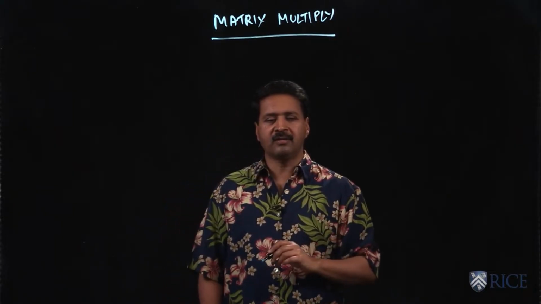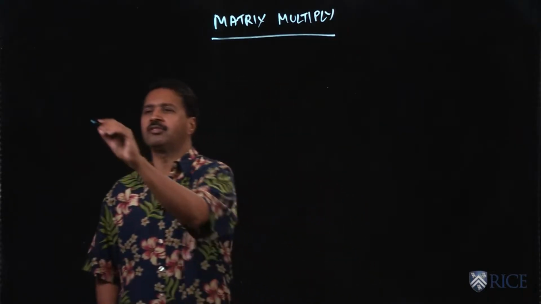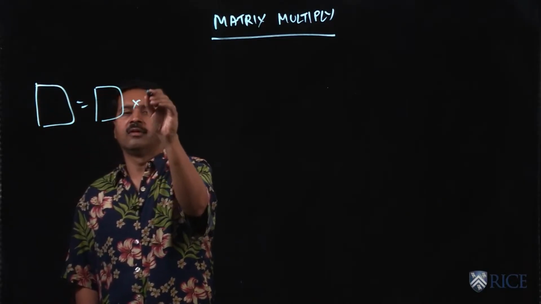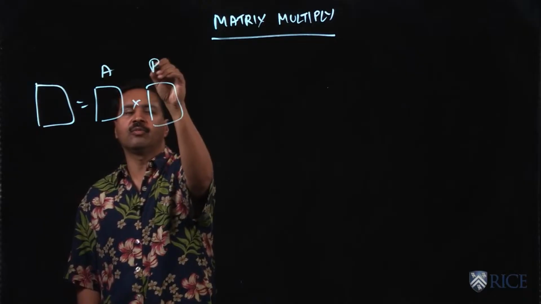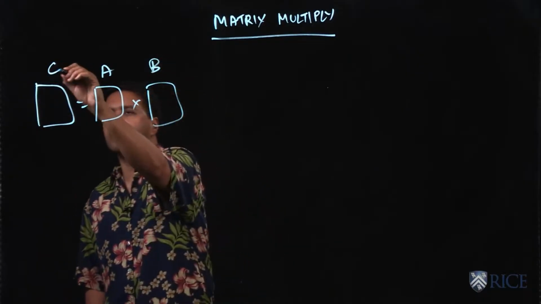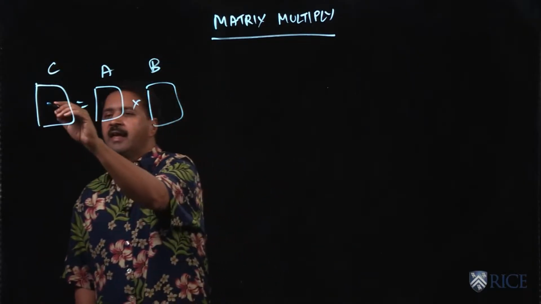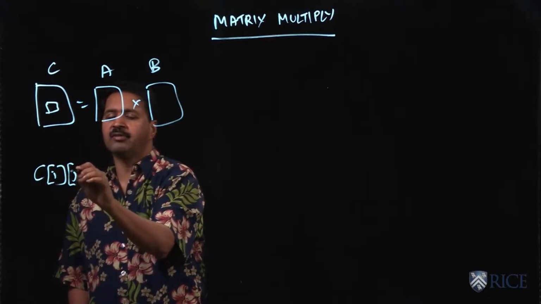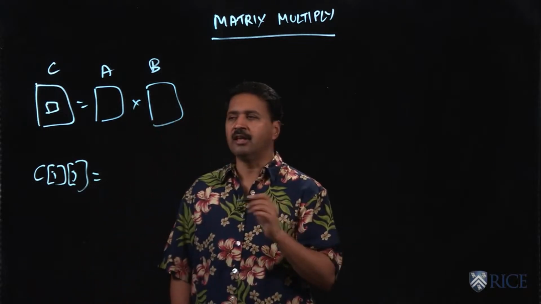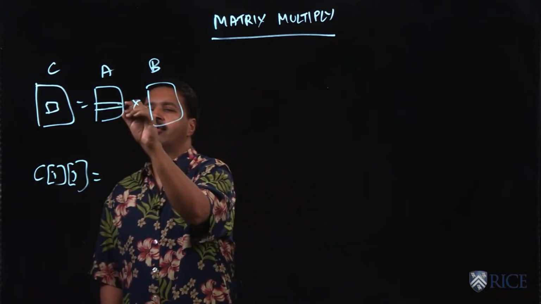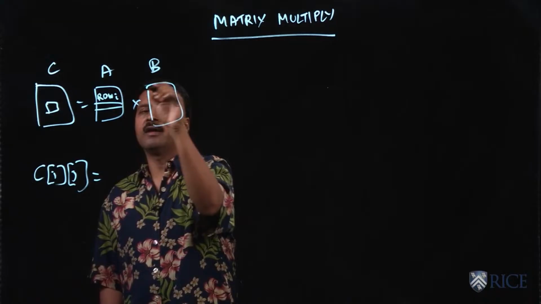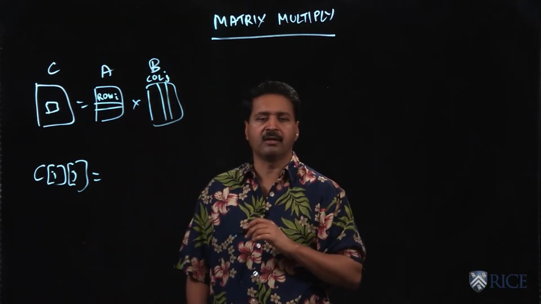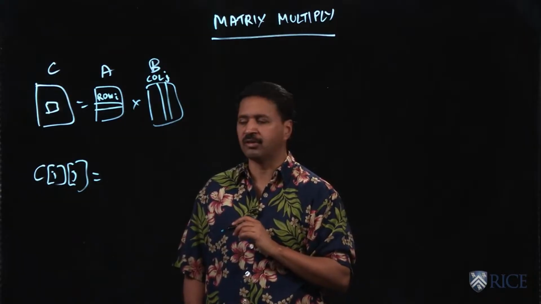So the idea behind multiplication of two dense matrices is that, let's say you have two matrices A and B that you want to multiply into a result C. An element C sub ij of the result matrix is the inner product of row i and column j, row i of matrix A and column j of matrix B.